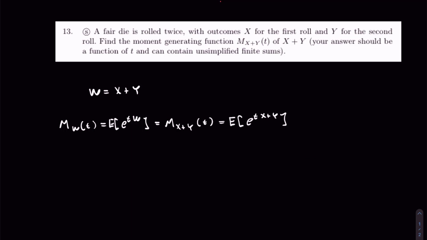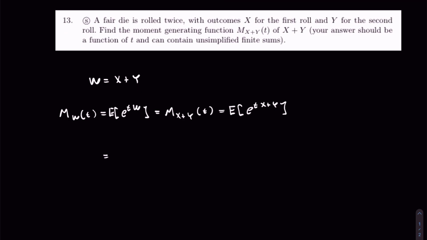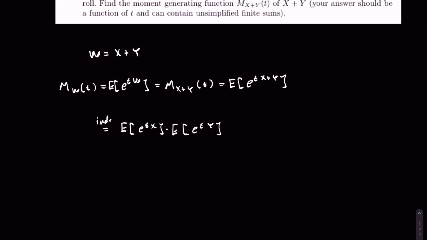Okay, so these are independent rolls, right? So we can then use independence and the rules of exponentials to separate out this expectation of e to the tx multiplied by the expectation of e to the ty, like that.